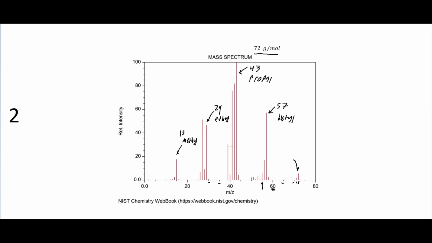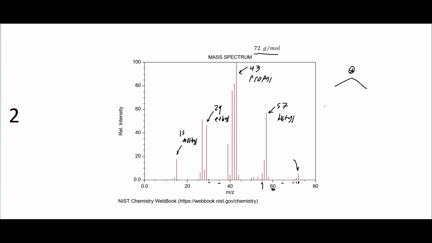Again, it looks like we have mostly just alkyl groups, and the 43 is the major one. That means there must be a way of getting a propyl group that is the most stable. Quite often that means it'll be a propyl group that has the carbocation on the central, secondary carbon right there.